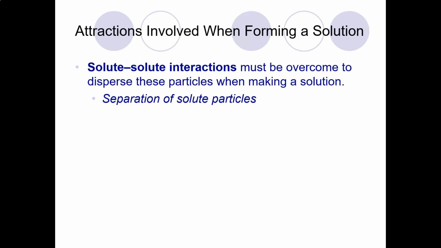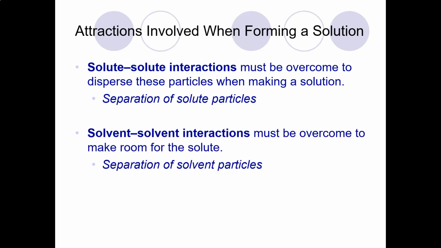We're going to have to separate them because they're no longer going to be clumped together when I make my solution. Instead, they're going to be evenly distributed. So we're going to have to separate our solute from our solute. They're going to have to rip apart whatever attraction forces there are between those solutes. Okay. Then I'm going to have to do the same thing for my solvent. Take my solvent and rip them apart. So if I got water, the waters are all attracted to each other, so they're clumping together.